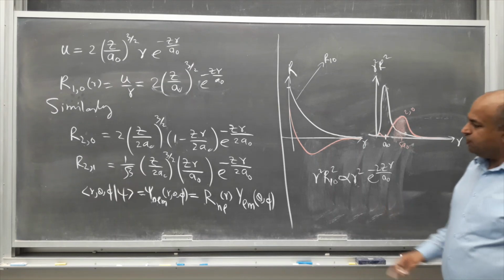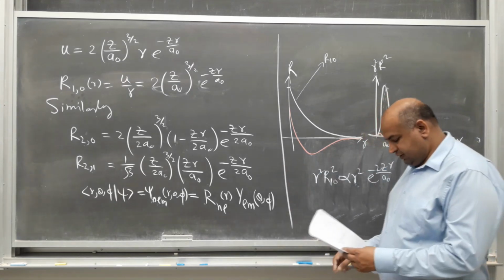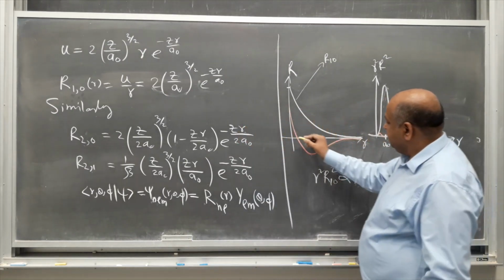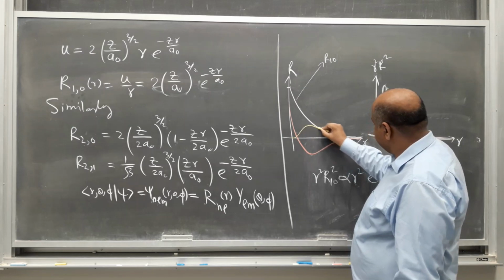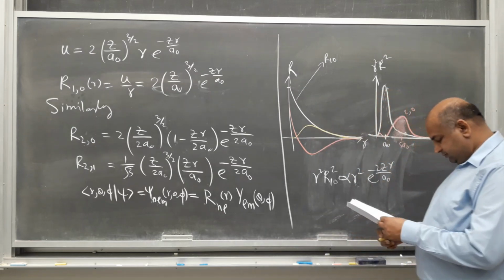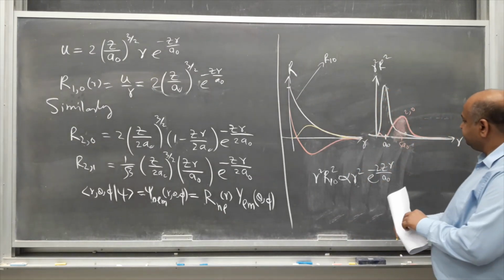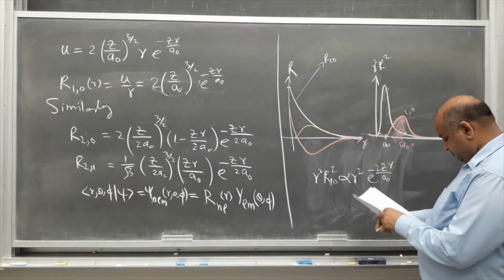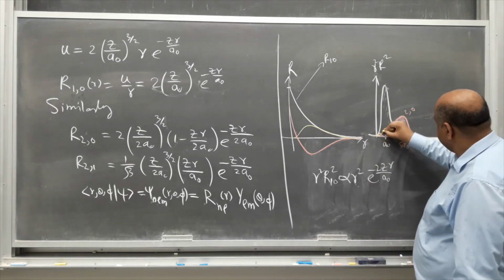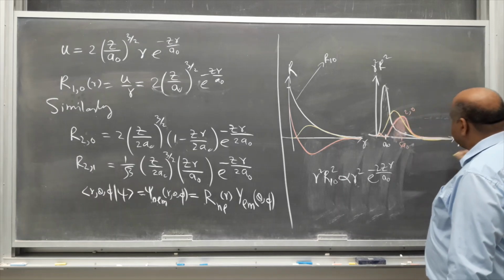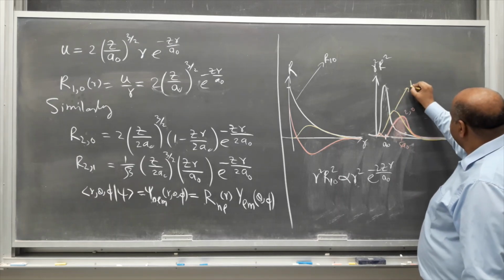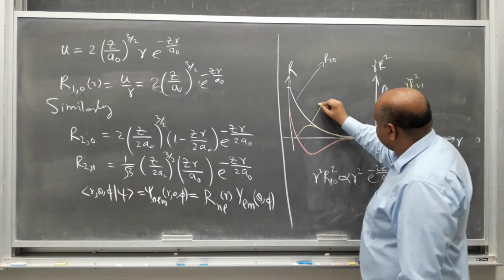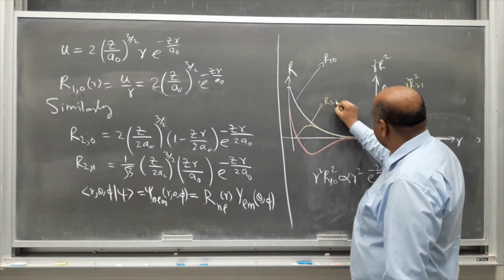For the R21 state, if we draw its plot, it's something like this, and its r square part is also something like this. So this is R21 square r square, this is R20.